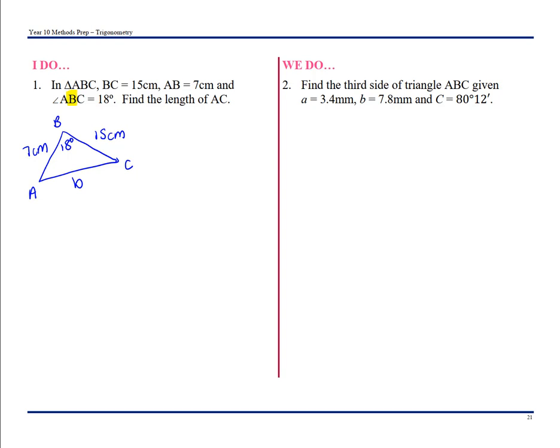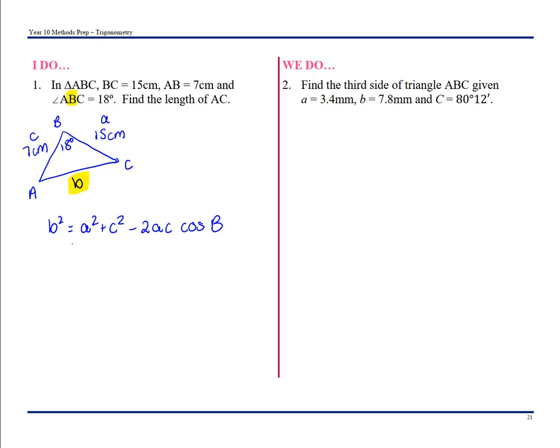So when we label our triangle, opposite our A is little a, opposite our C is little c. So we want to find B. So I'm going to write my formula out that's on your formula sheet with B out the front. So B squared equals A squared plus C squared minus 2AC cos of B.